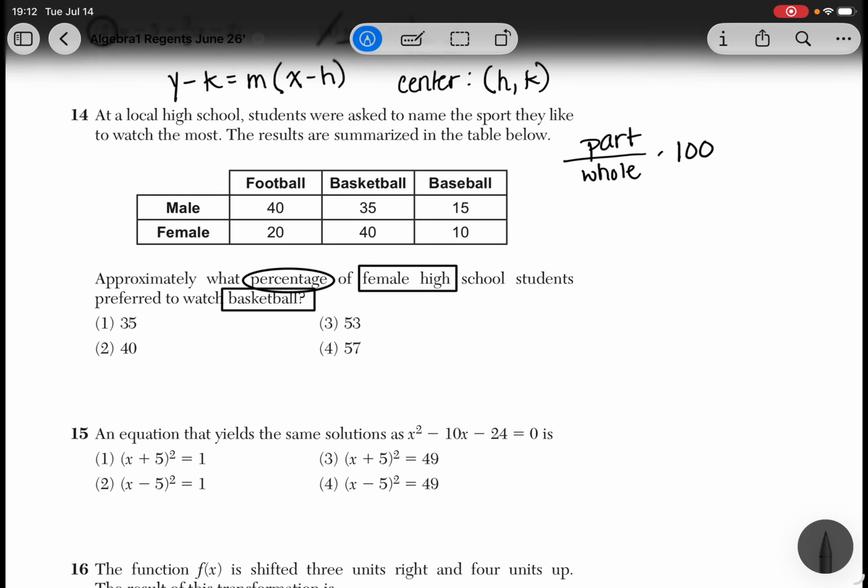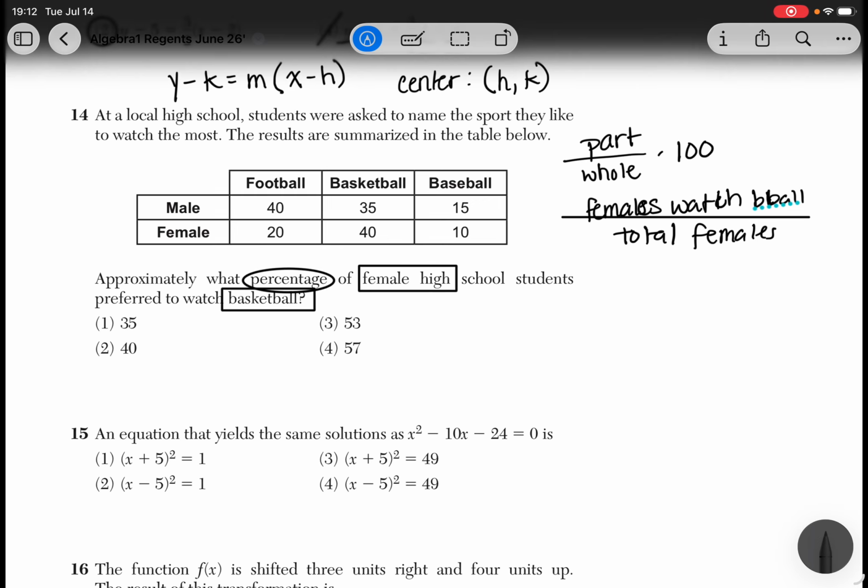Those are our key parts. So our part is going to be the females that watch basketball. And then our whole is going to be the total students watching every sport. Sorry, not total students, total females.